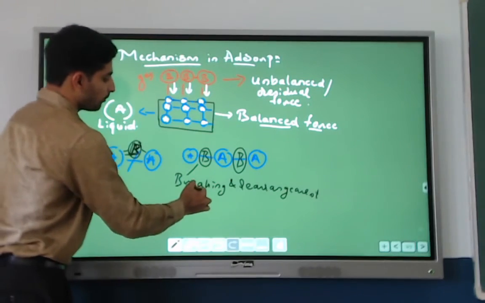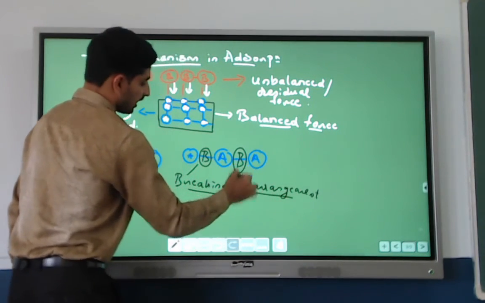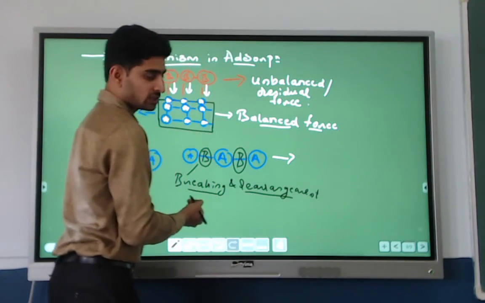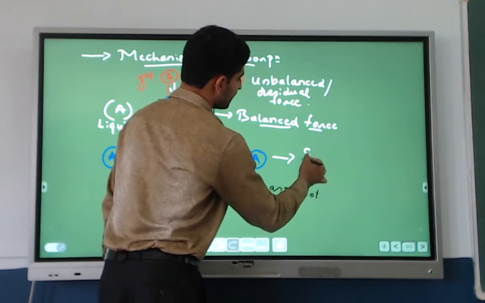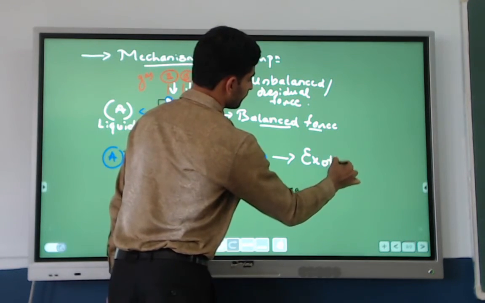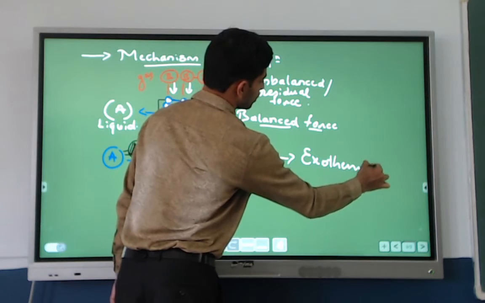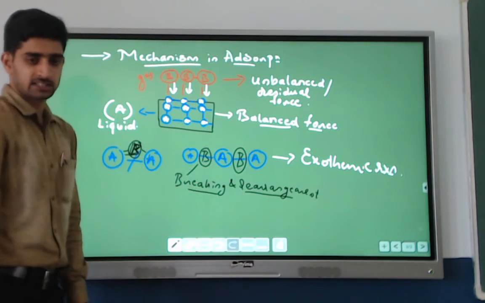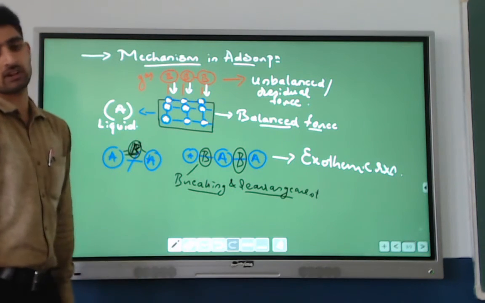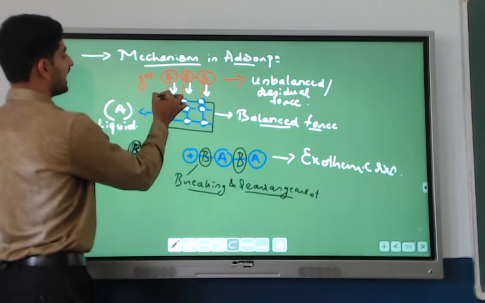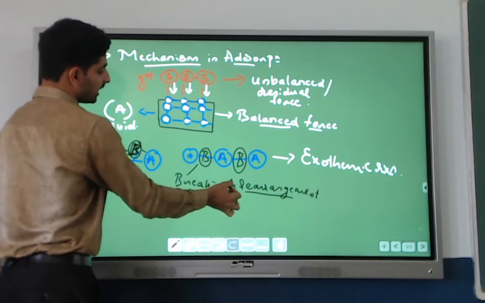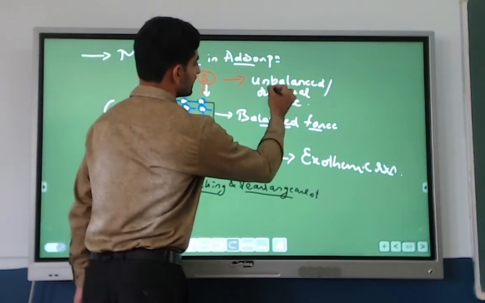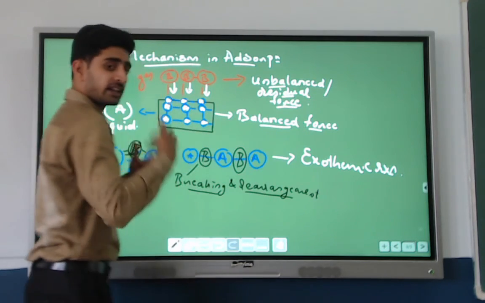But due to the breaking of the bond and rearrangement, a type of energy is going to be released. That is why it is called an exothermic reaction. A type of heat energy will be released during this process. This whole breaking and rearrangement takes place on the surface due to the presence of unbalanced residual force, to make it balanced.